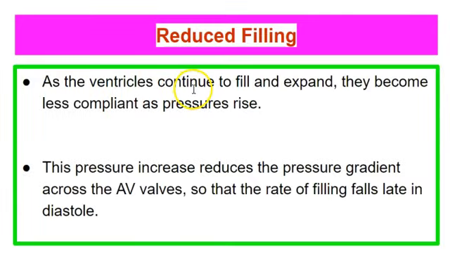And then we hit the reduced filling, which is phase 7. During reduced filling, as the ventricles continue to fill and expand, they become less compliant.